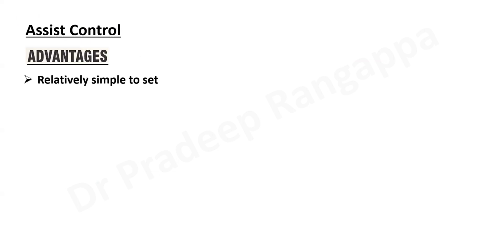One needs to understand what the advantages of assist control mode or volume control mode are. It's relatively simple to set because you don't have to break your head, just set the parameters and every breath is given with the parameters that you have set. Every breath is guaranteed, with the minimum minute ventilation that you have set.